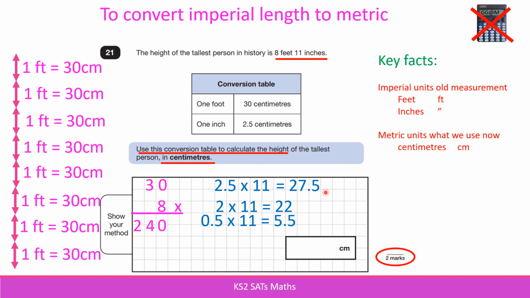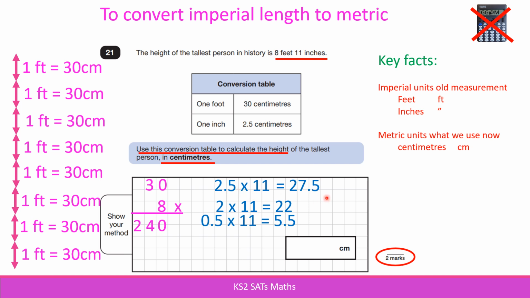So that means we need to divide the answer we got of 275 by 10 in order to get it to the same level. So if we divide it by 10, that takes it down to 27.5. Remember all the digits, move one place to the right when you divide by 10. Or you can think there's one number after the decimal point here, there's one number after decimal point in your answer. They will always be the same.